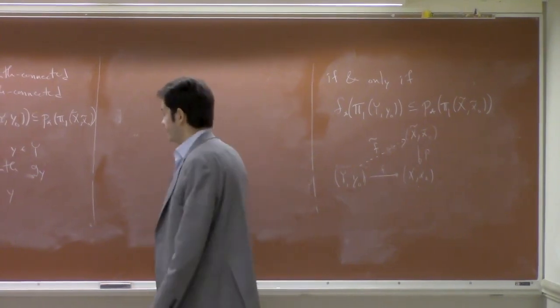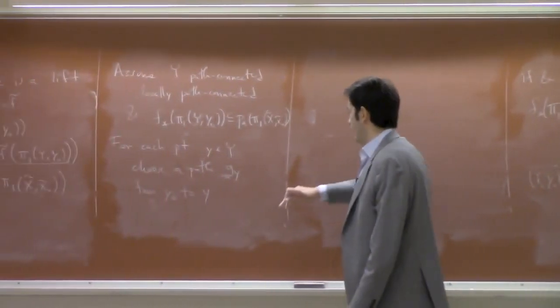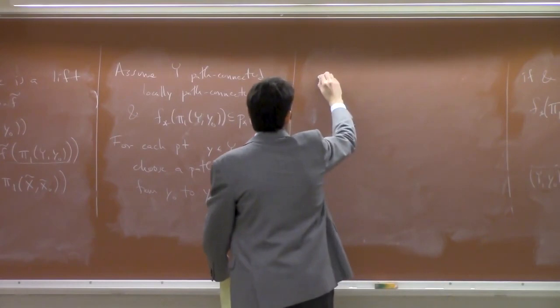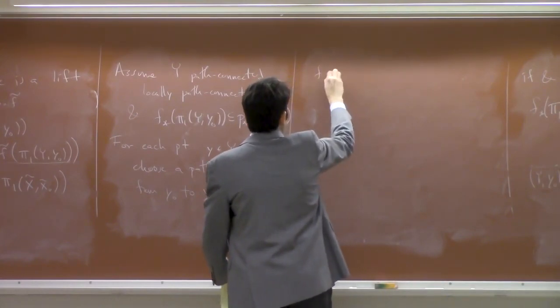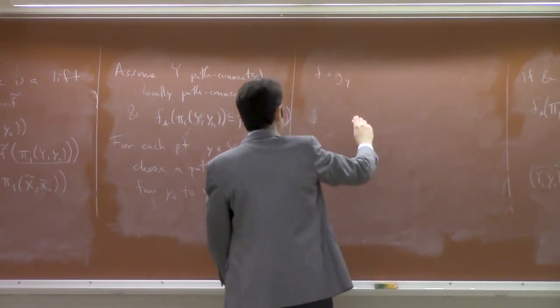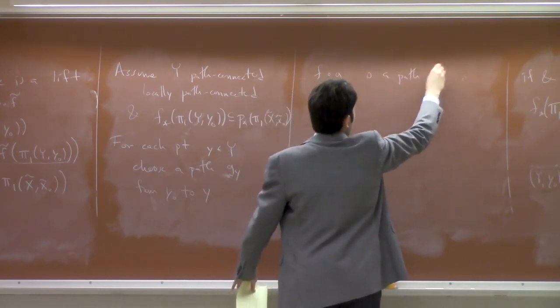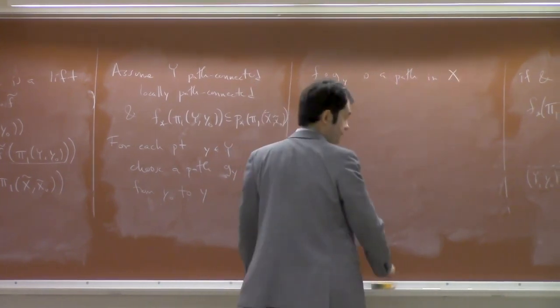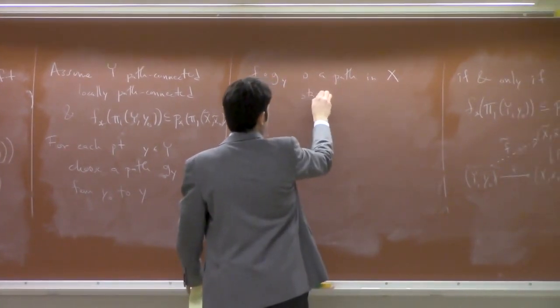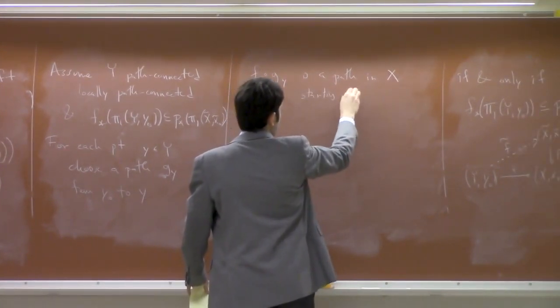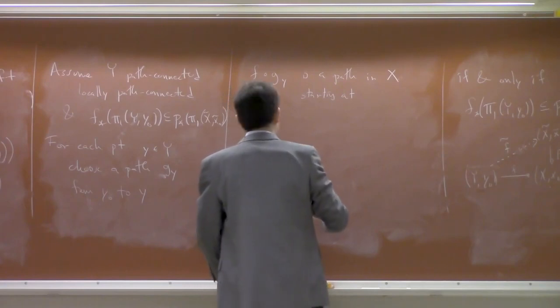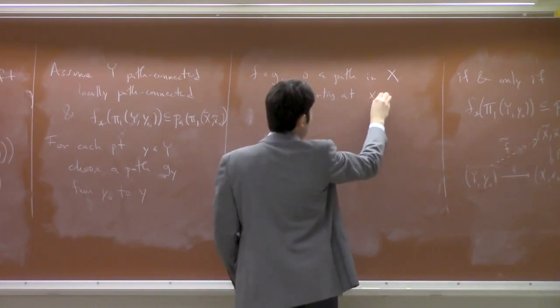So for each point, choose a path. Then f composed with gy is a path in x starting at x naught.